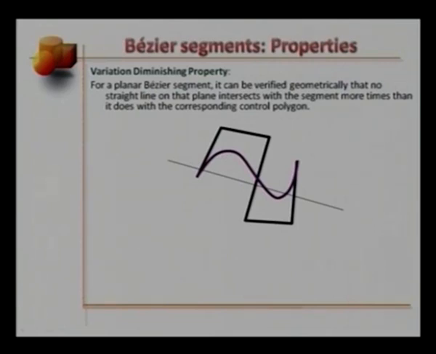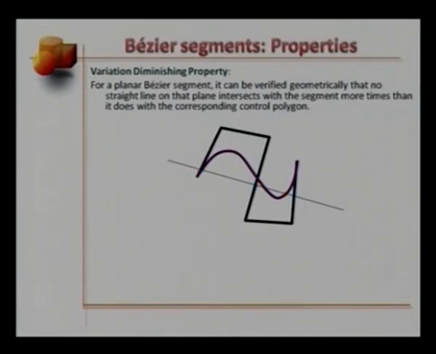Let us first plot the intersection points between this line and the control polyline. These are shown using blue circles. Let us now observe the intersection points between the Bezier segment and this intersecting line. Those are shown using red circles.